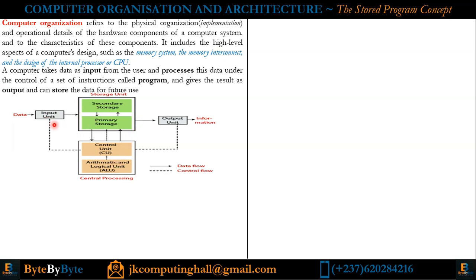Once the data is entered, it needs to be stored in order to be used. That is when we use the storage unit, where we have the secondary storage, which stores for a long period of time, and the primary storage, which is easily accessible by the processor for fast computation.